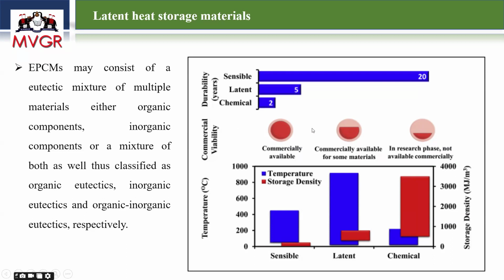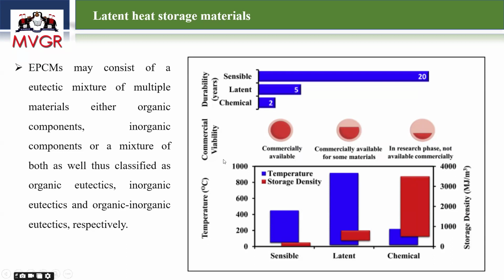But commercially, the most available materials are sensible storage materials, and latent heat storage materials are also available somewhat. But chemical energy storage materials are still under research only. It is not commercialized as of now. There are some practical difficulties.